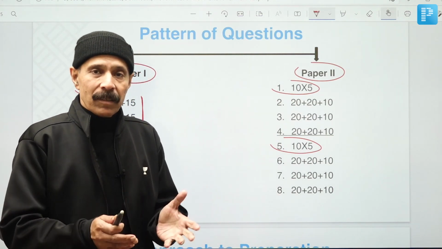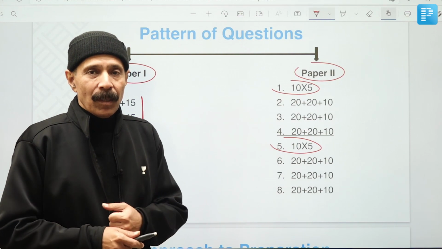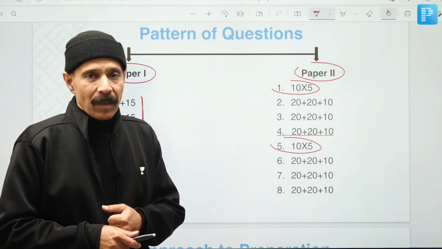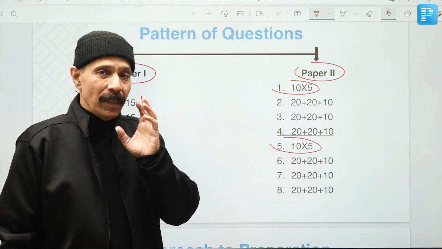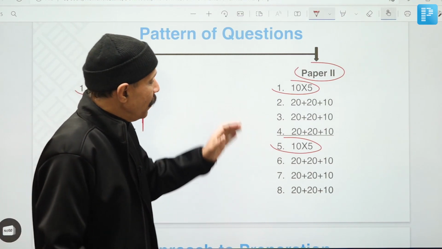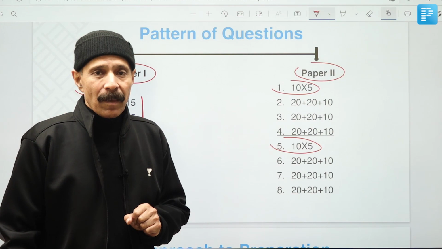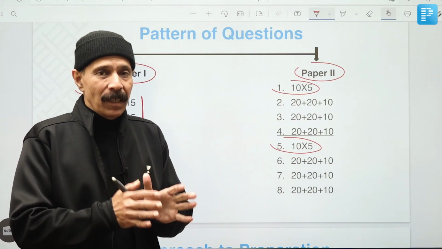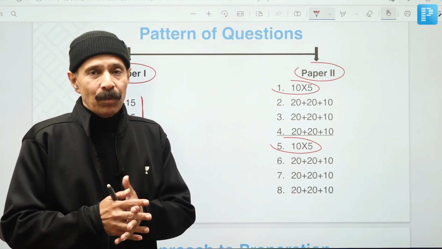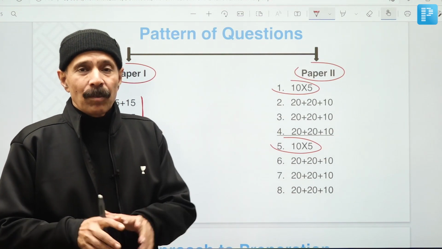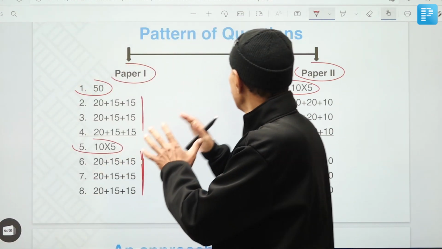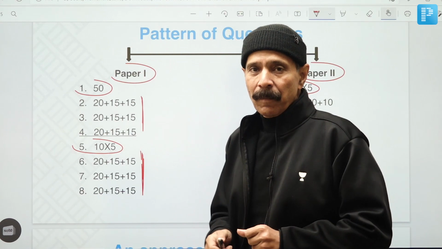And the total marks will become 250, because when you attempt 5 questions and each question carries 50 marks, 50 into 5 comes to 250. So this is all about the pattern of the questions.